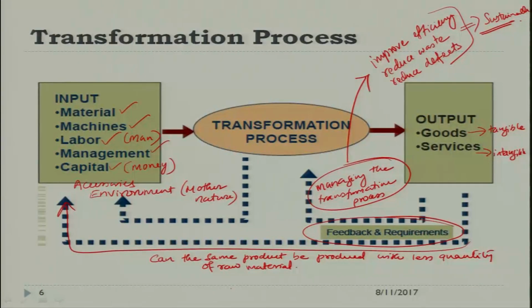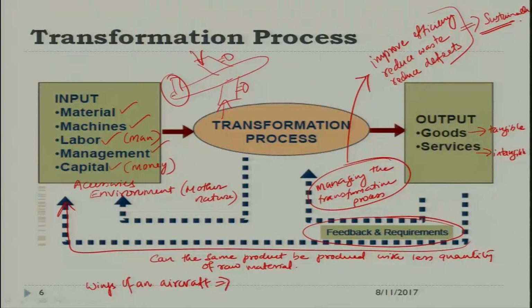So if you think about an aircraft, let's look at the aircraft from the top view. Here is the fuselage of the aircraft, here is a tail, there is an empennage, and it has two big wings. You are looking at the aircraft from the top, under which the engines are hanging down. Assume that these are the wings. The wings of an aircraft are typically made of an alloy called duralumin.